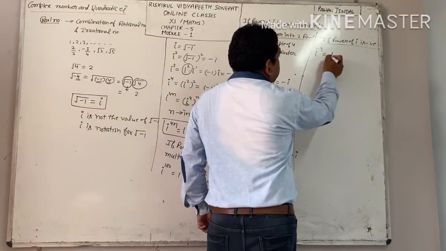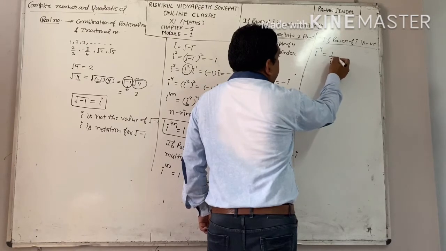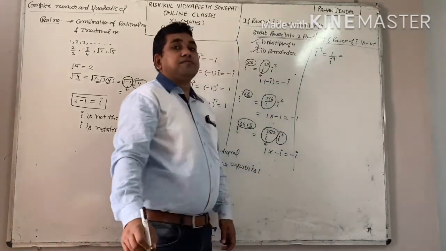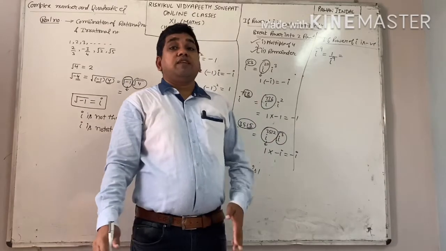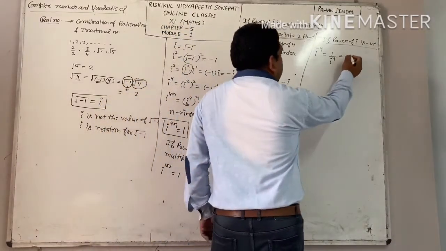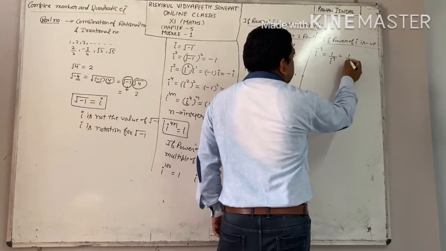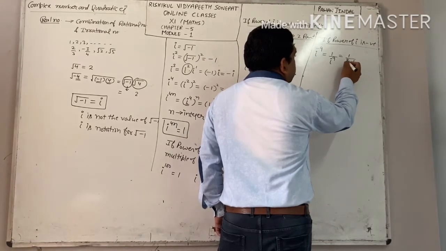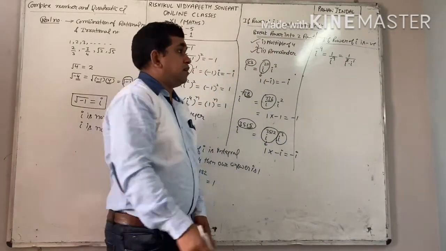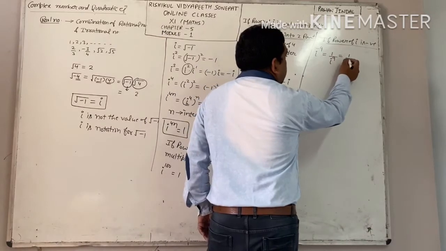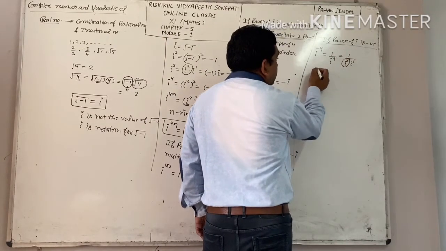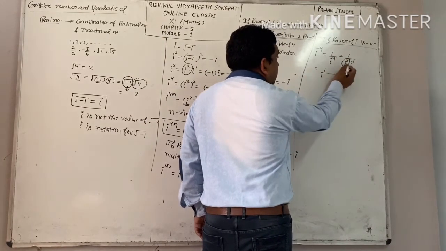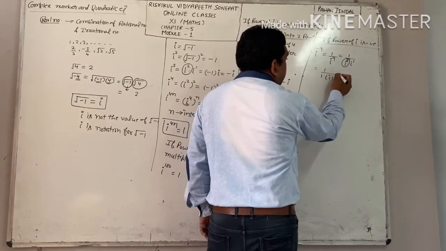We can write it as 1 upon iota raised to power 9. And we can easily find out the value of iota raised to power 9. Break the power into two parts: one part is a multiple of 4, the second is the remainder. Iota raised to power 8 is 1. This is iota. So it is 1 upon iota.